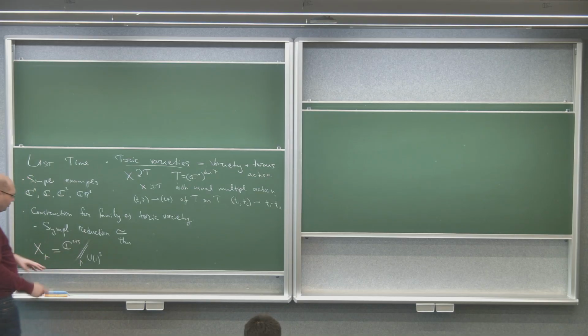As long as mu is a nice interior point in the image of the moment map, this variety will be independent of mu.